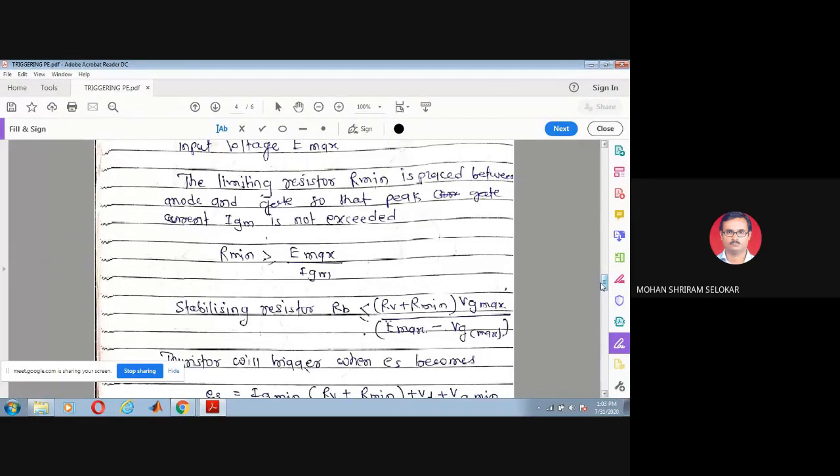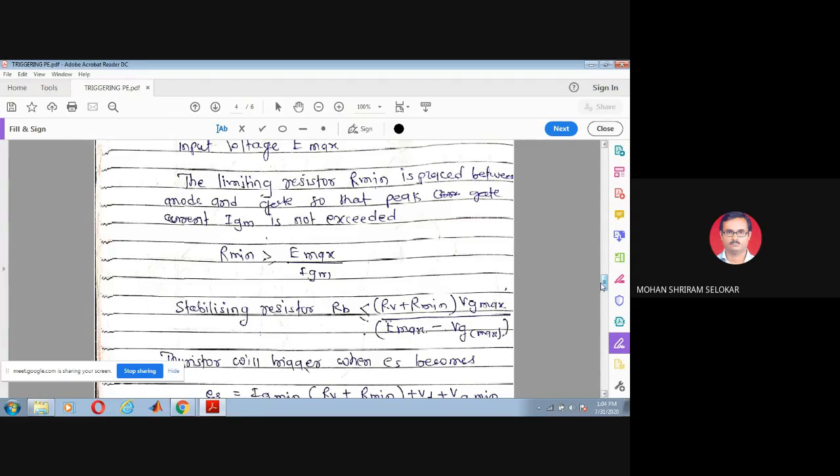The gate current will be very high. We want the gate current, no doubt, but it doesn't mean that the current should be so large. When the current is so large, it will damage the gate cathode circuitry of the SCR.